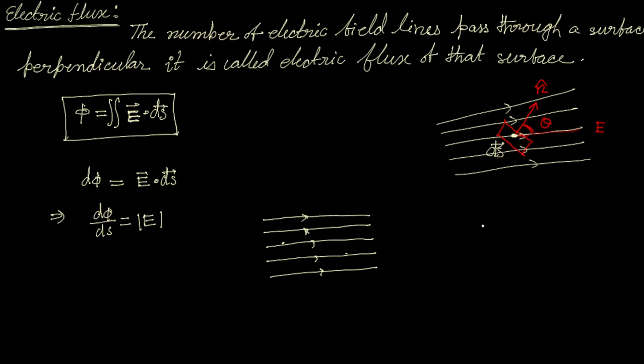So if we want to draw a non-uniform electric field, then we can represent it this way. You can see at this region the number of field lines, the flux density, is high. That means the magnitude of the electric field will be high. And in this region the flux density is less, so the magnitude of the electric field will be less.